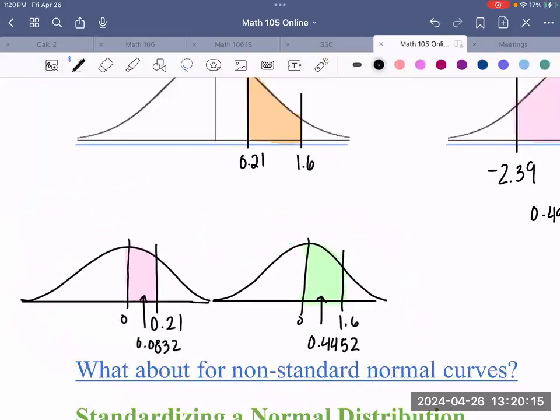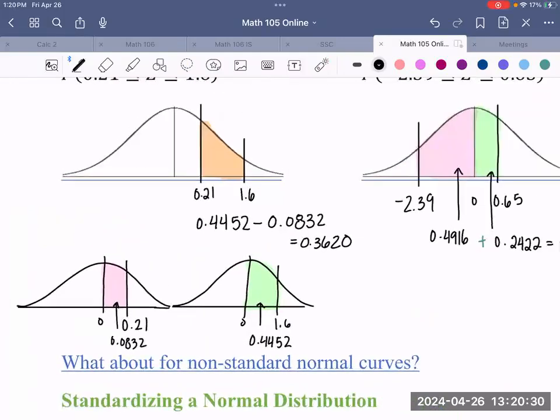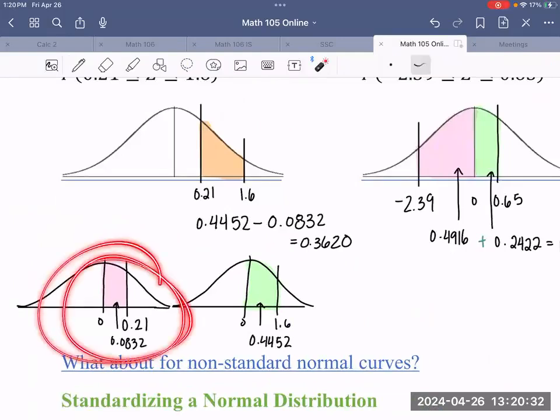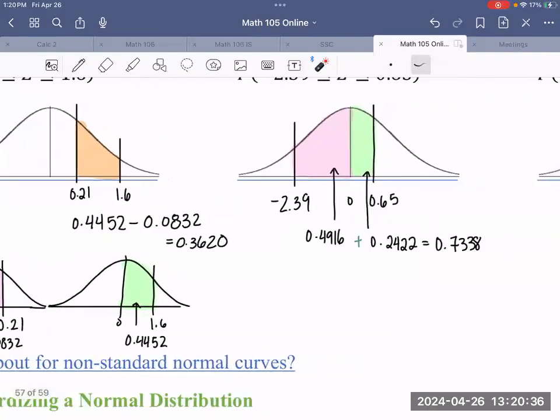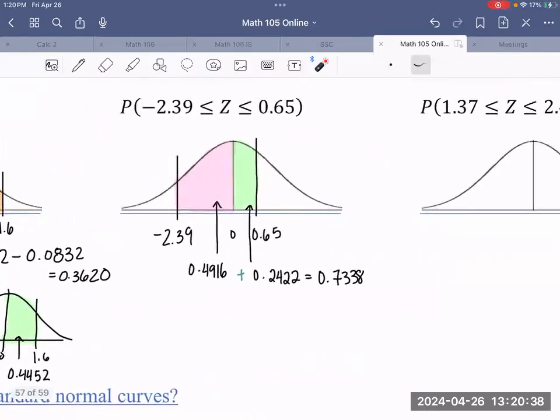So we're going to take 0.4452 minus 0.0832 to get 0.3620. Okay, take out that double counted amount, always the smaller value, if it's on the positive half, that is.